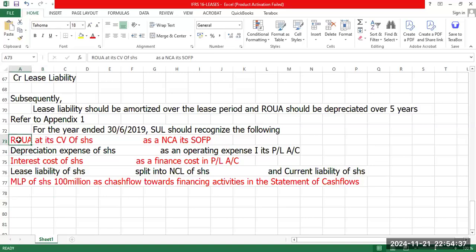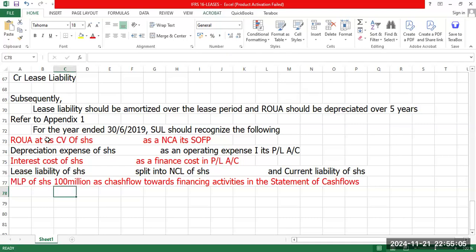You know that if you're talking about an asset, there is an asset and depreciation. If you're talking about liability, obviously there must be a liability and the interest you're paying. And obviously because I got a loan to finance my activities, then in the cash flow statement, you'll have this minimum lease payment.